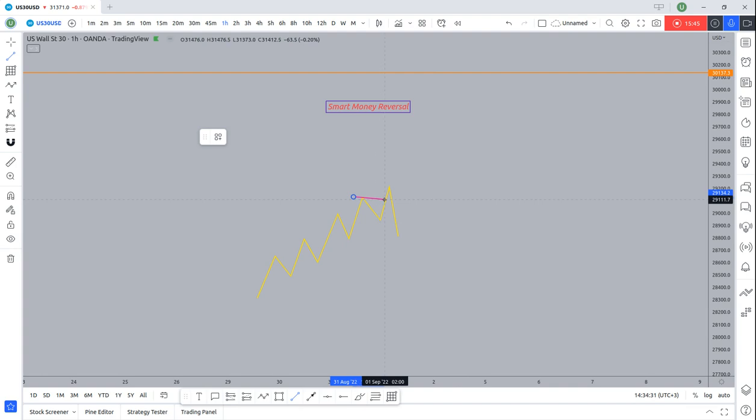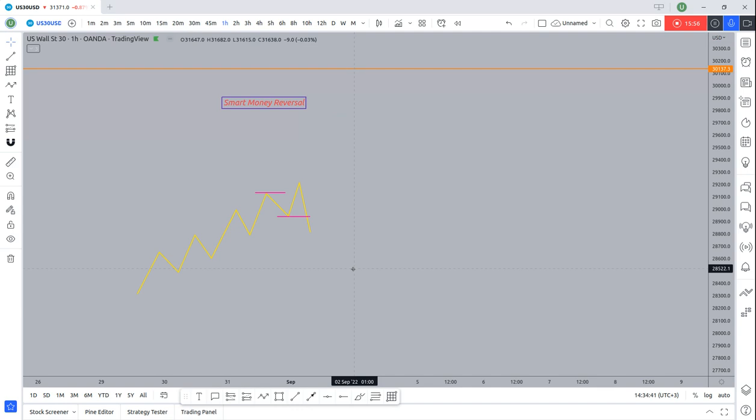So we broke this higher high and this, so this swing high is taken out and this swing low is taken out. Now what we expect is price to return in this area and then to fall. So take note of that, and I'm going to look for an example.